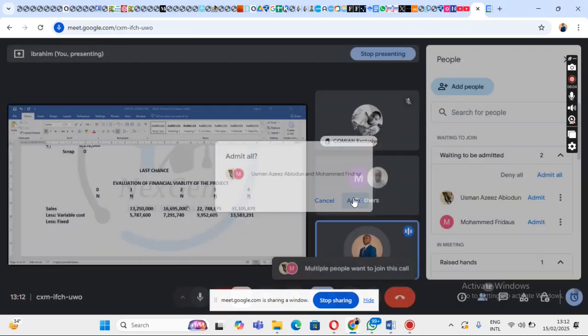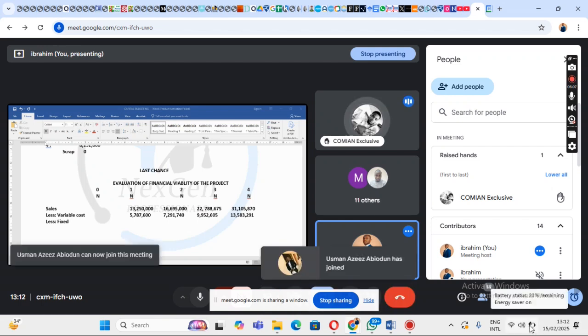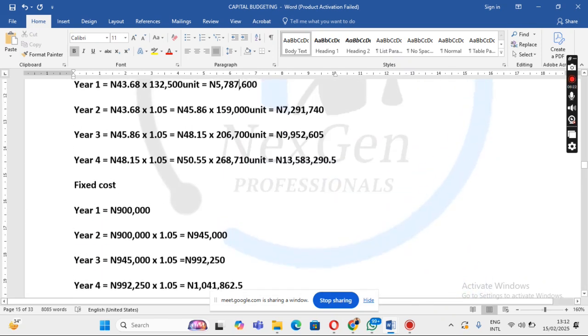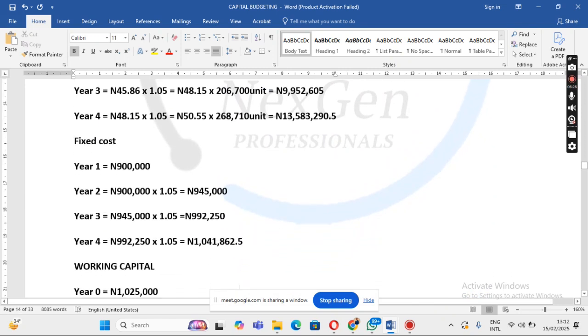Good afternoon. Please, I want to know why we are recognizing fixed costs, since it's incremental. You can see incremental fixed costs here. Don't forget, when I was explaining relevant costing, I told you that fixed cost is fixed.